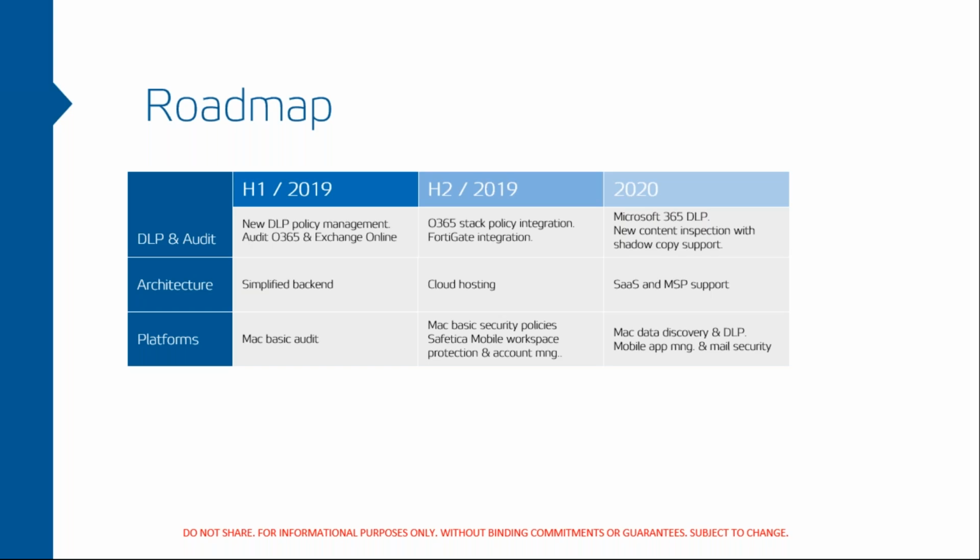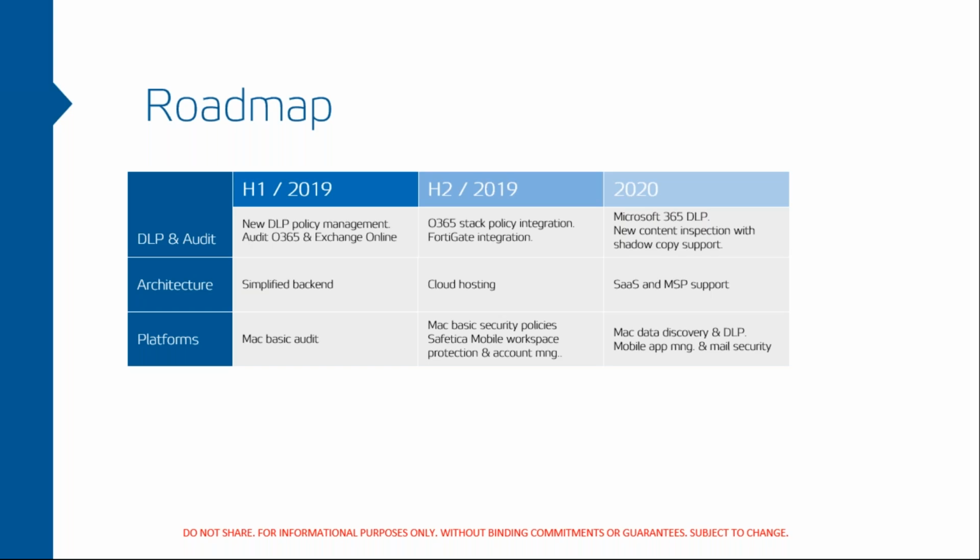We are also looking into integration with Fortinet, so that Safetica and Fortinet, these two technologies can work together, share information about sensitive files and how these should be protected.